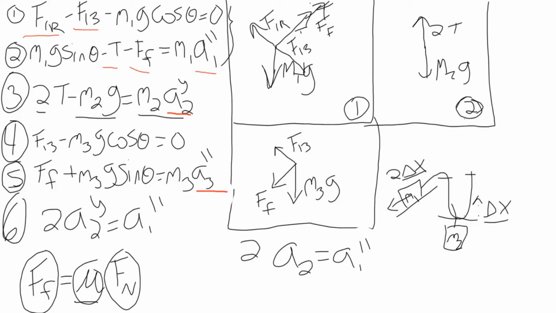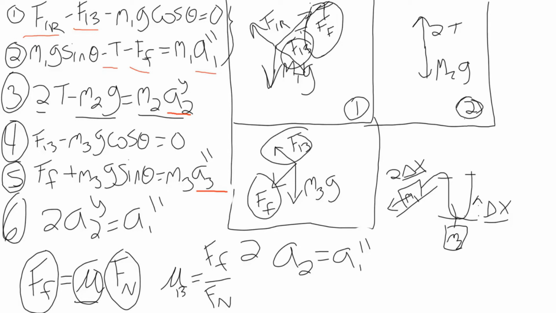Or said another way, the coefficient of friction between two objects is just the ratio of the force of friction that's generated to the normal force. So if I want the coefficient of friction between masses 1 and 3, all I have to do is solve for the force of friction here, here, and here, and then solve for the normal force here and here.